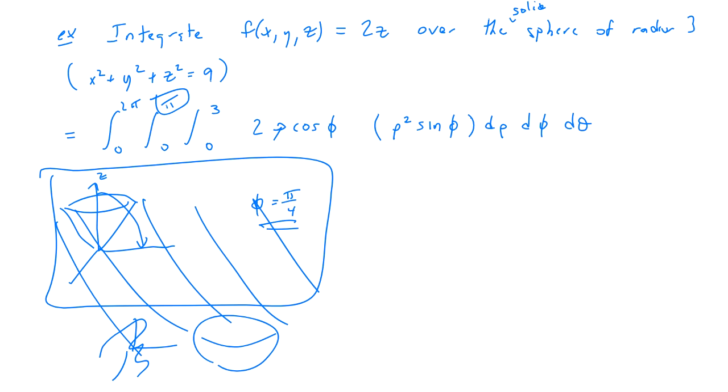No, because, for example, suppose I did this: d phi d theta. What would that give me? So I can certainly have that.